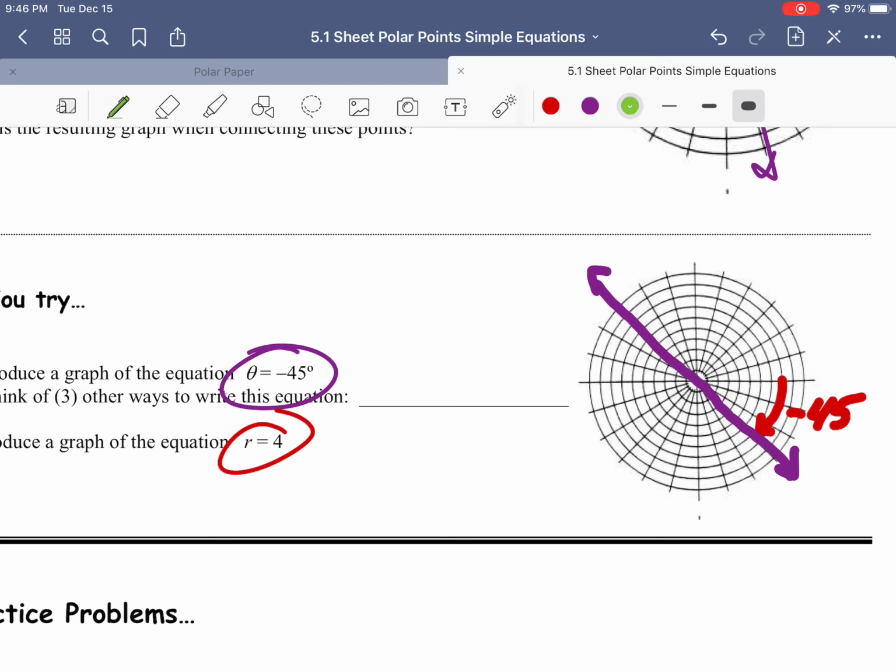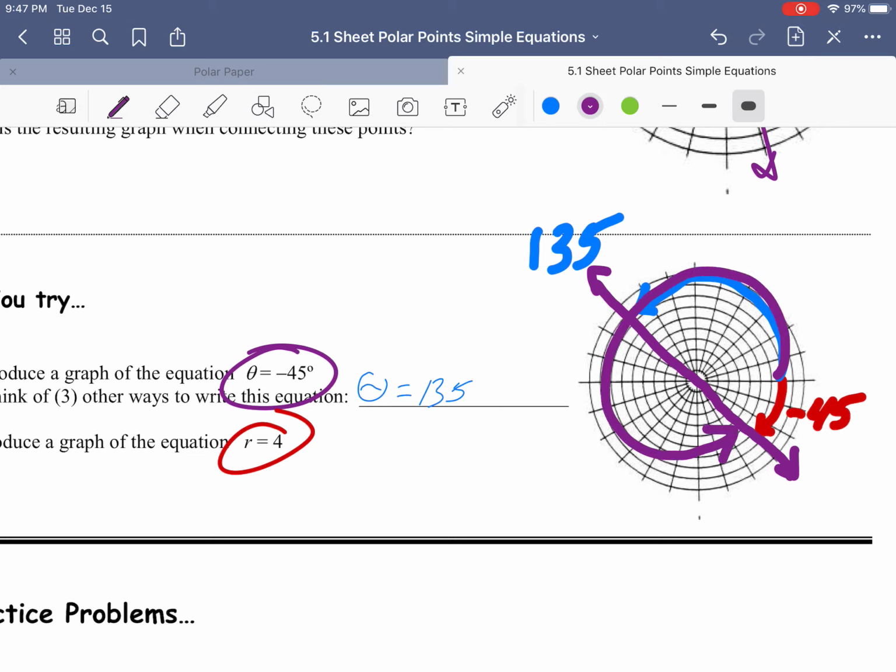Of course, there's some other ways that you could name this graph. If I wanted to, I could actually do a straight up positive rotation. Starting at 0, I could rotate around here. That would be 135, so my equation is theta equals 135. I could keep rotating around and get all the way around to this back side.